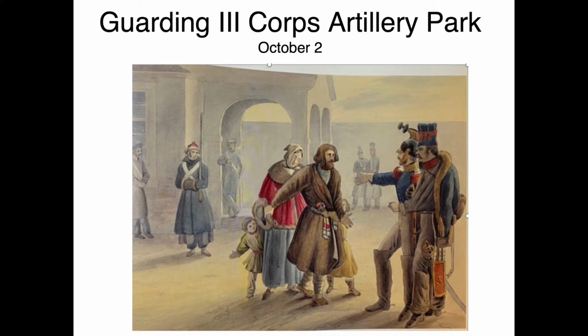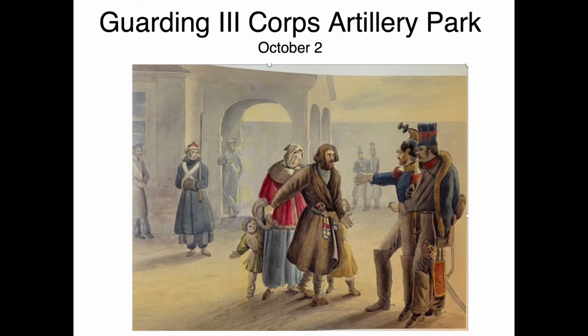But this is sort of the precursor to what is called General Winter. General Winter is the Russian ally of the cold winter to kill the army. But really, as you've seen, they suffered quite a bit during the summer. But what's interesting about this is this figure here. This is foreshadowing the cold that they were about to experience.